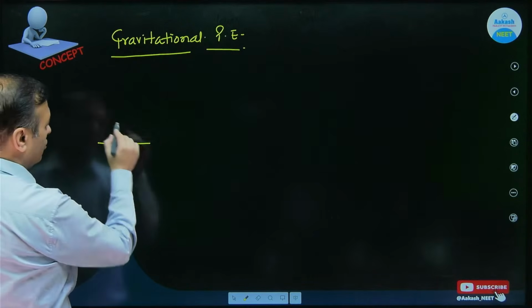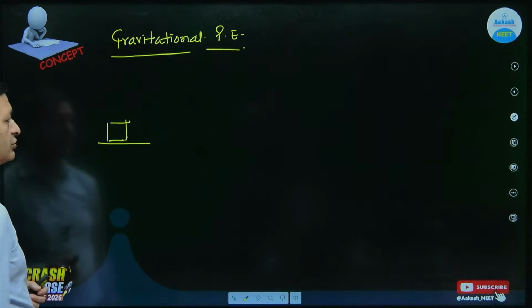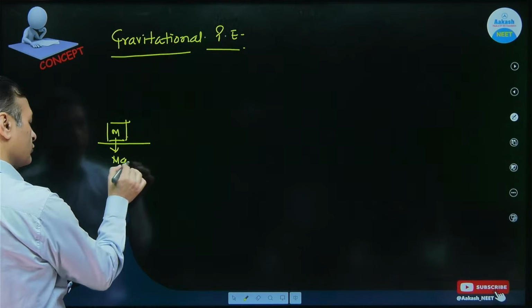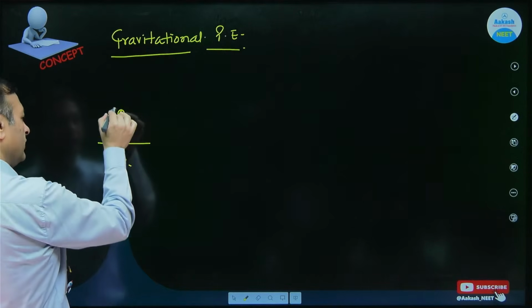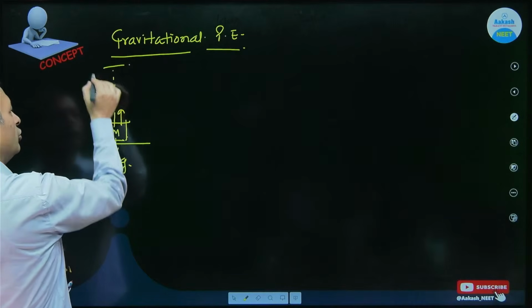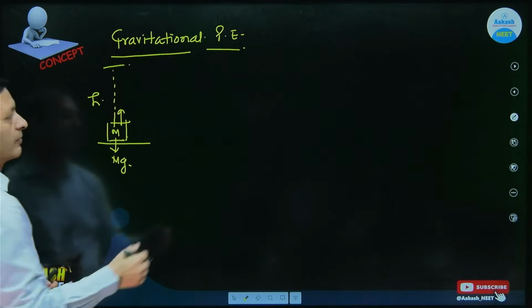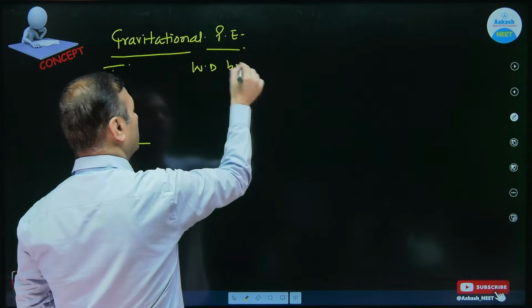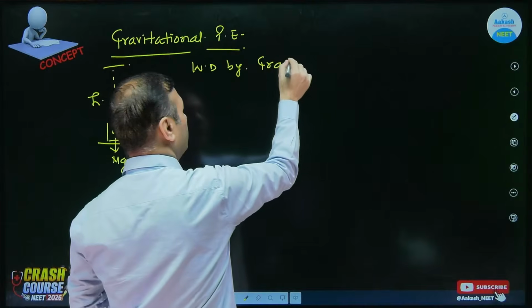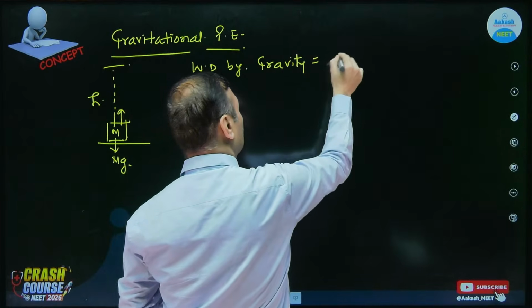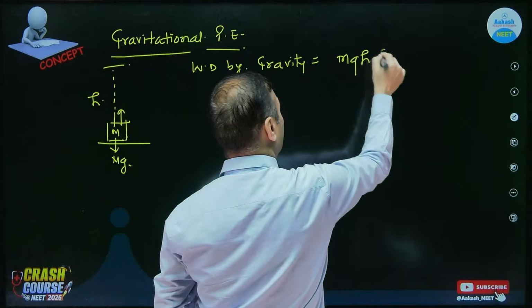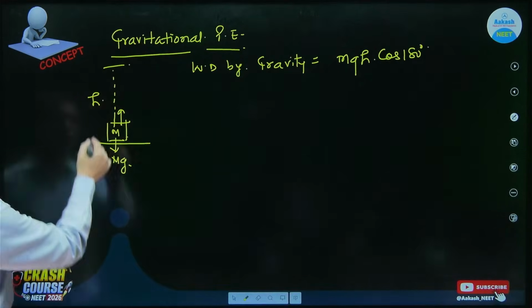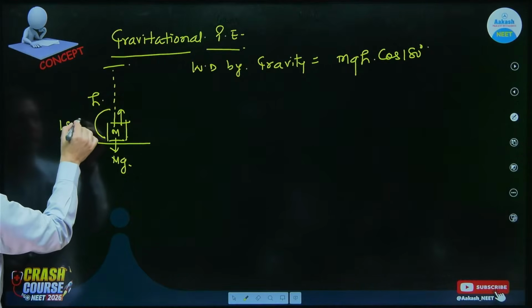Now let's build up the concept as quickly as we can. So this is a body of mass m, acted upon by a force, and you take this body against the force of gravity to a height h. So the work done by the force of gravity is mgh cos of 180, because as we have just discussed, this force is there and this theta is 180.